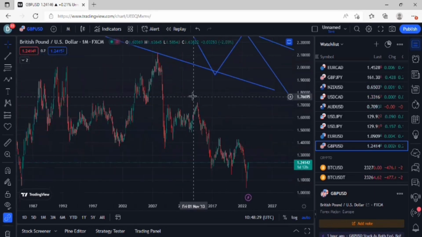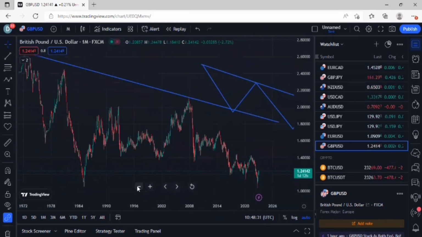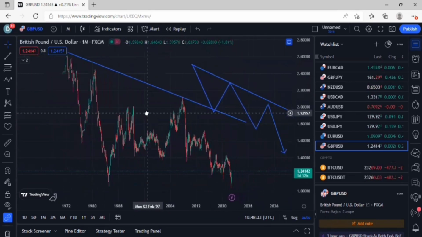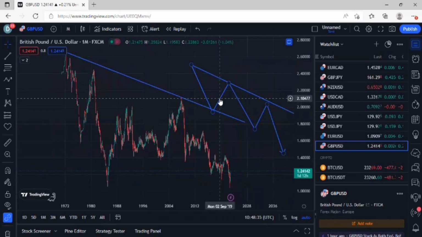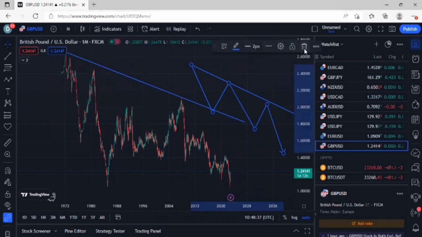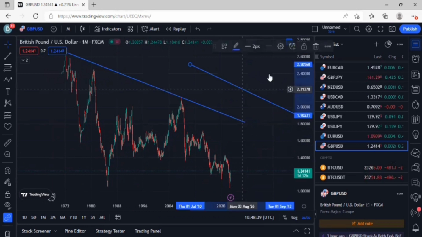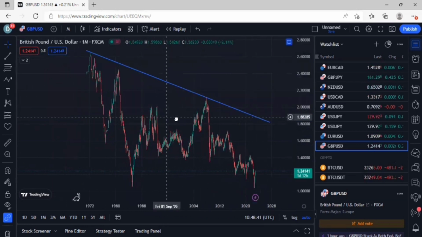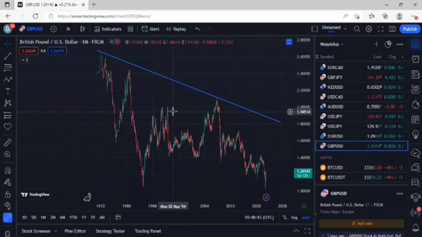So with this trend line now, this has shown that we are in downtrend in this market. This particular market is downtrend. So even if you use market structure, you can use your trend line to reaffirm the direction of the market.